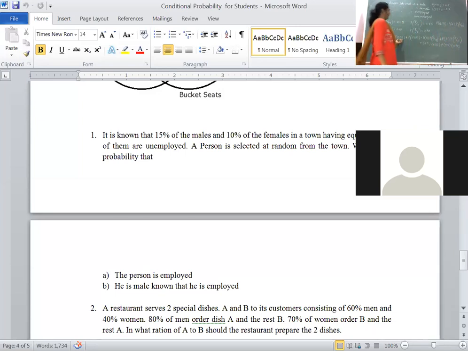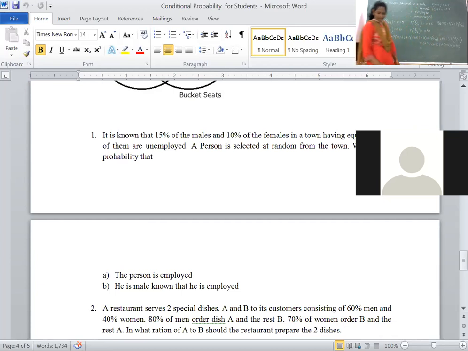Similarly here, male has happened earlier, that's why probability of M comes in the denominator. The remaining event is E, it lies in the numerator. Similarly, F intersection E, you write the same way. Female has happened earlier. Whatever values we got, we have to substitute in the formula.